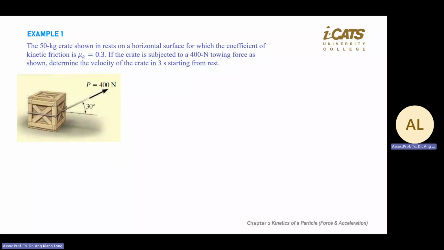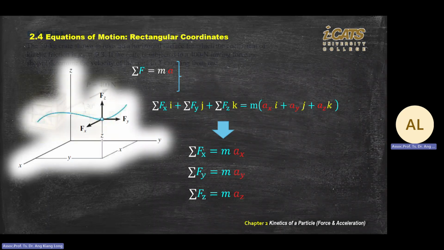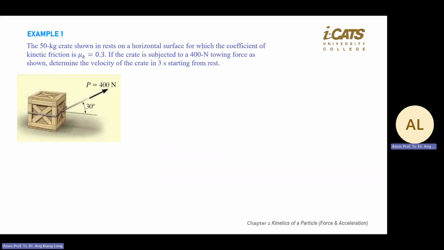All right. We see the first question, an F equal to ma question. You read the question, you know it's a chapter 2 question because mass is given, 50 kilograms. Although it looks like 3D, it's a 2D problem. It's pulled at a 30-degree angle with P equal to 400 Newton, at rest on a horizontal surface, with kinetic friction given. Kinetic given means there's a normal force and a friction force.